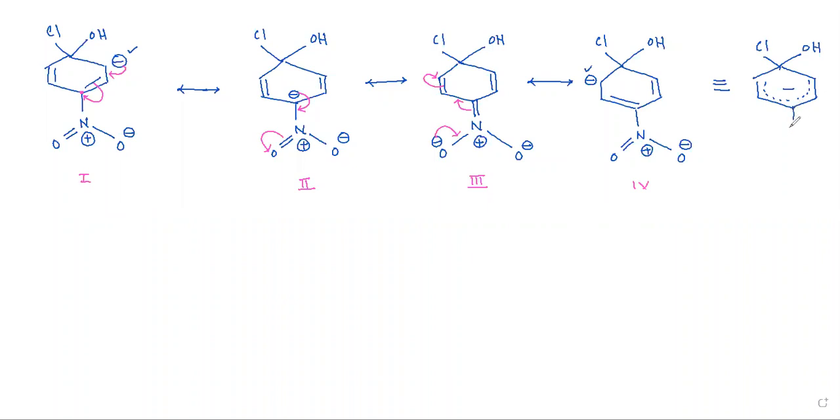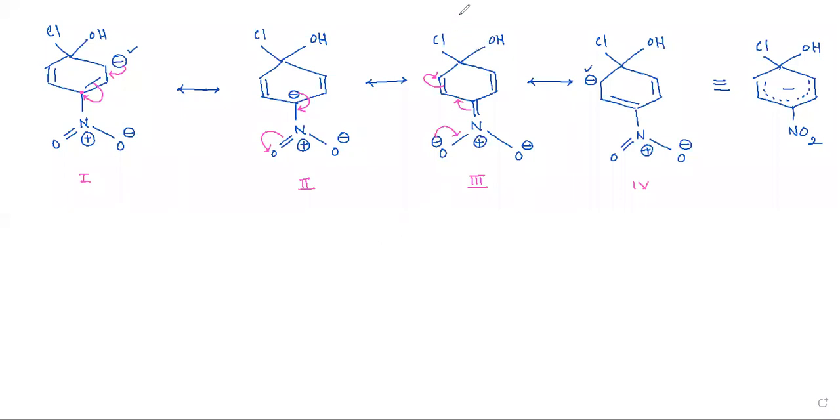This is what we have taken. Okay. Now, considering the stabilities of these resonance structures, among 1, 2, 3, and 4, which one is more stable actually makes it more interesting.